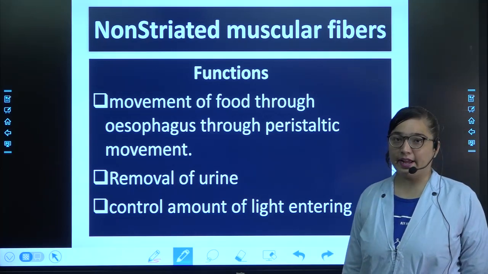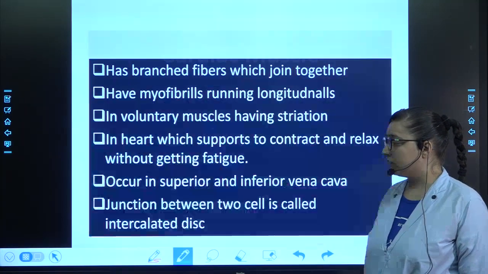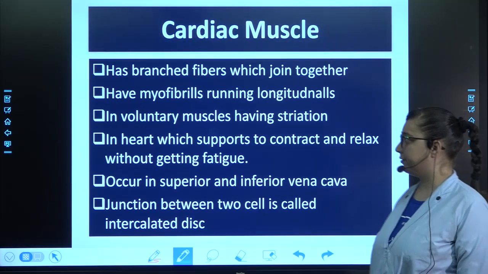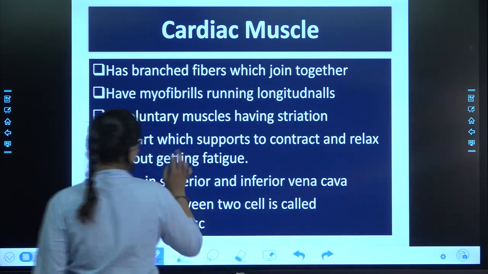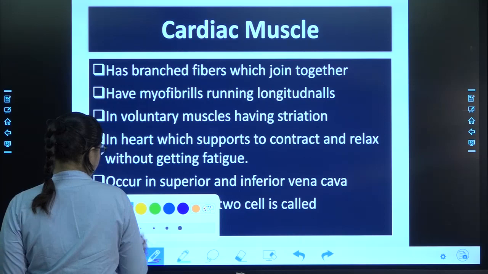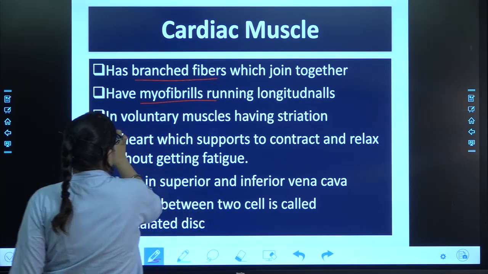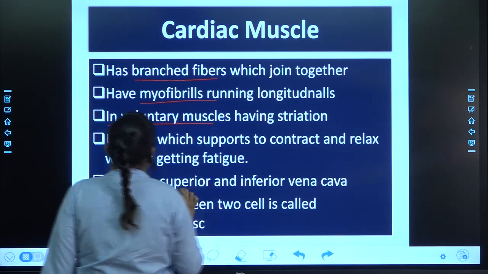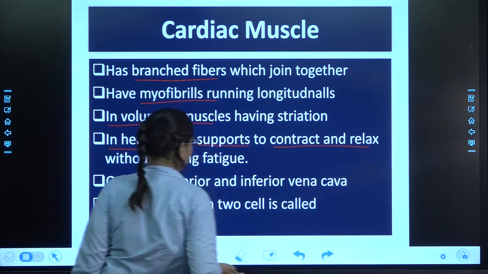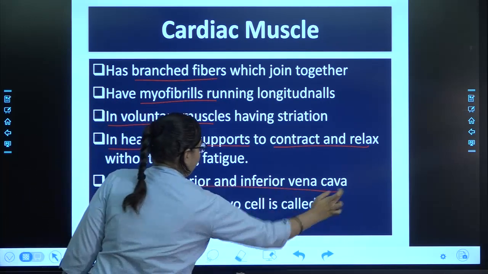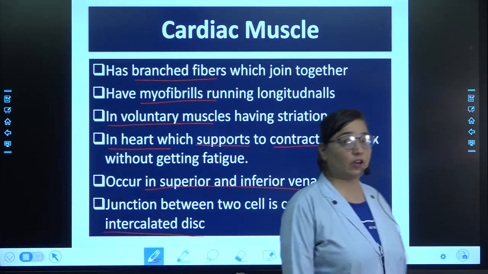Next was the cardiac muscle. Important points about it are over here. There are branched fibers, myofibrils that are running together. Present over here. So these are the keywords that are to be noted.